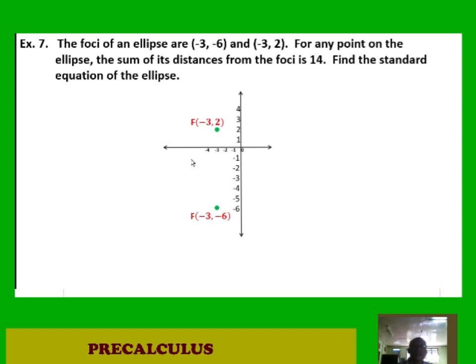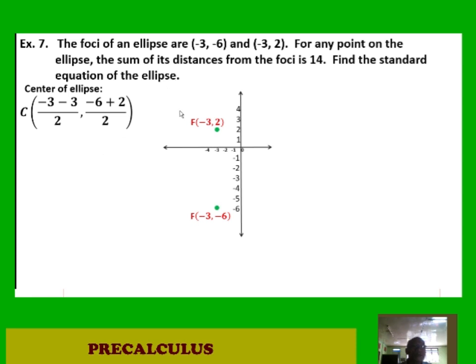From these 2 points, the foci, the center of the ellipse is the midpoint of these 2 points. So let us determine the midpoint as the center of the ellipse.